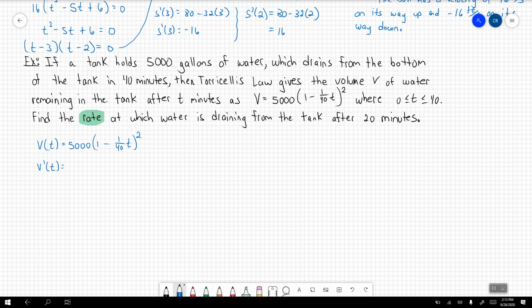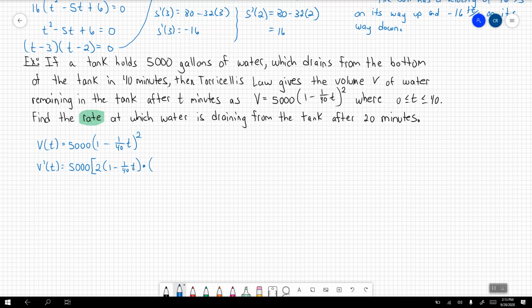So what do we do? Well, according to the chain rule and power rule, we're going to drop the exponent forward, multiply by the function, subtract 1 from the exponent, and then multiply by the derivative of the inside. The derivative of the inside, t, is being multiplied by the constant of negative 1 over 40.